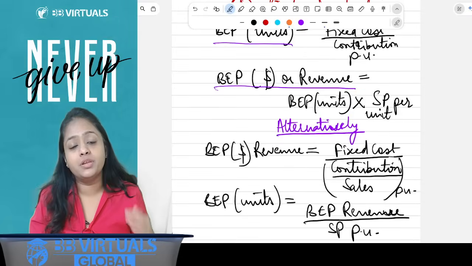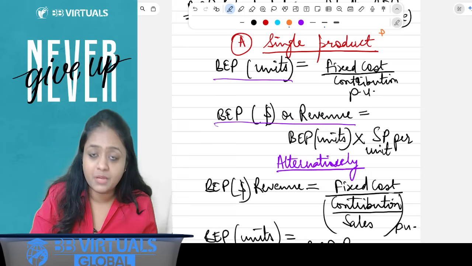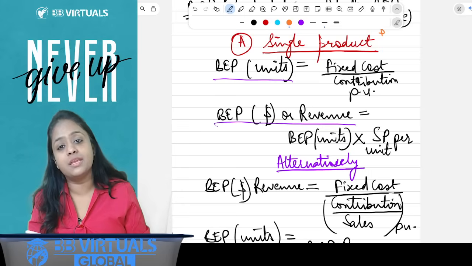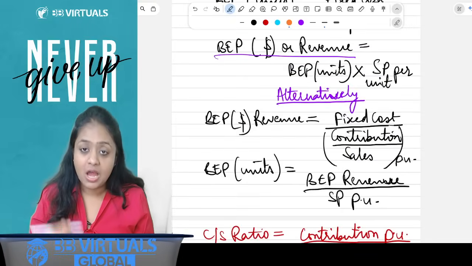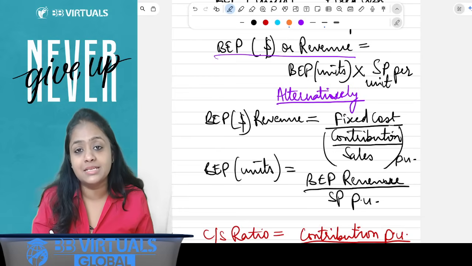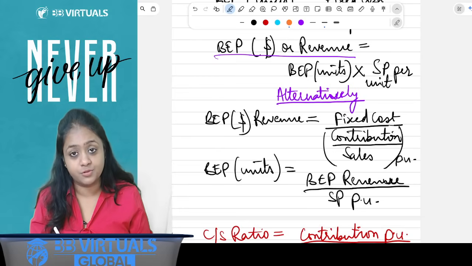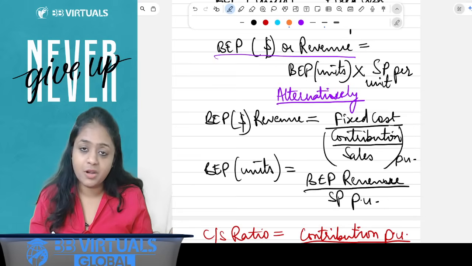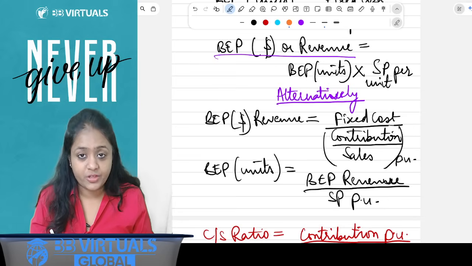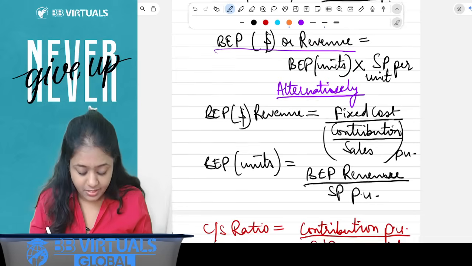Now break-even point in revenue, very easy. Once you get the break-even point in units, you multiply by the selling price per unit and you get break-even point in revenue. Alternatively, we can calculate it as fixed cost divided by contribution by sales ratio, that is CS ratio. So for a single product, get the CS ratio and divide the fixed cost by it and you will get break-even point in revenue.